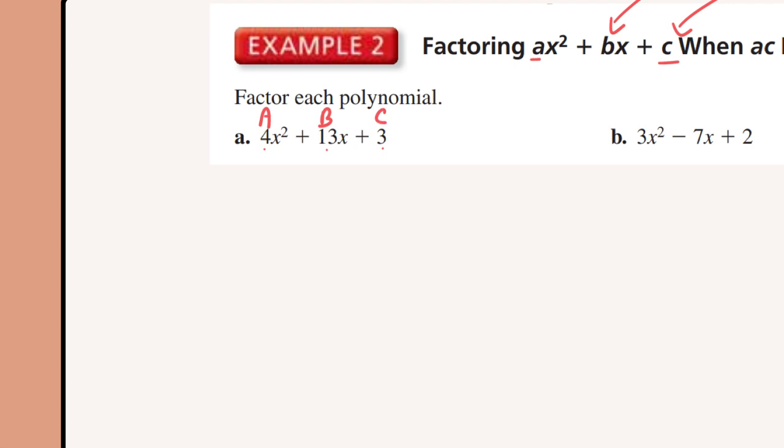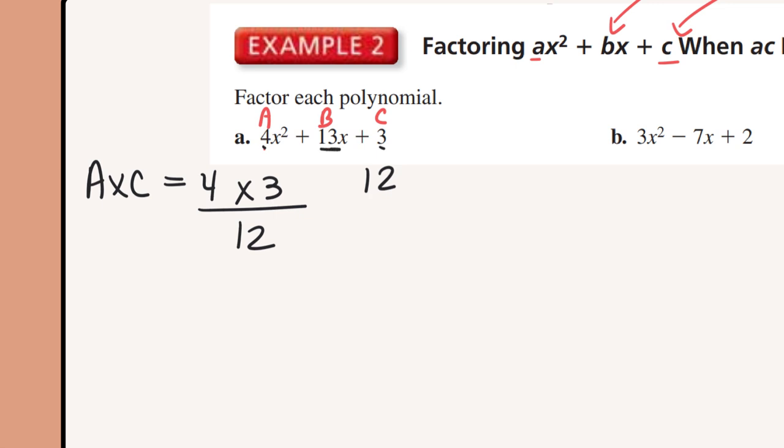The first thing I want you to do, I'm going to try to do this in a shortcut, and it's easier for you to understand. You're going to multiply A times C, which is 4 times 3, gives me 12. You're going to find factors of 12 that when multiplied together give you 12, but when added give you B. Same rules as before.